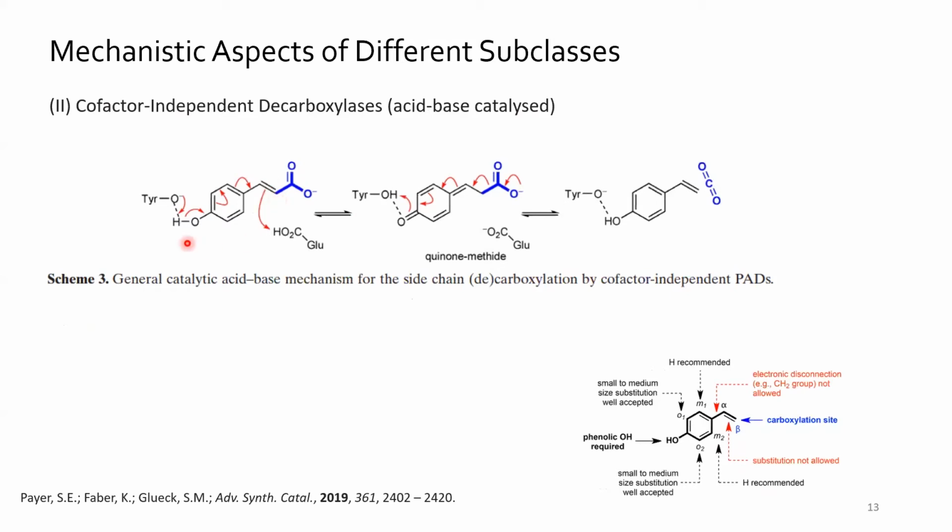And as you can see, you need a fully conjugated system. So you need a phenolic OH here, and also a carboxylation site at the beta carbon. And the mechanism goes like this: it's first deprotonated, which leads to this quinone methide intermediate, which is followed by the reversible decarboxylation here.